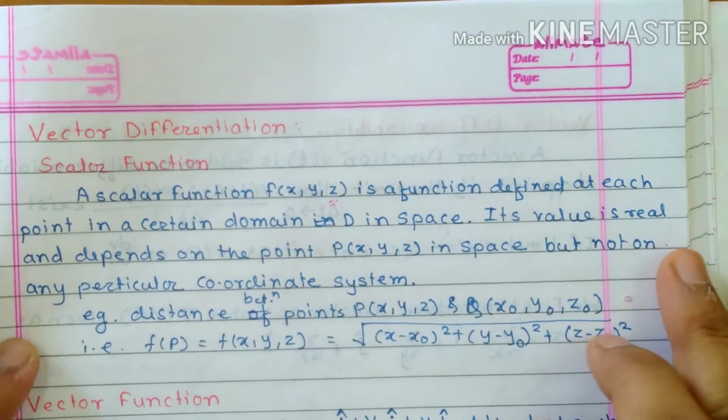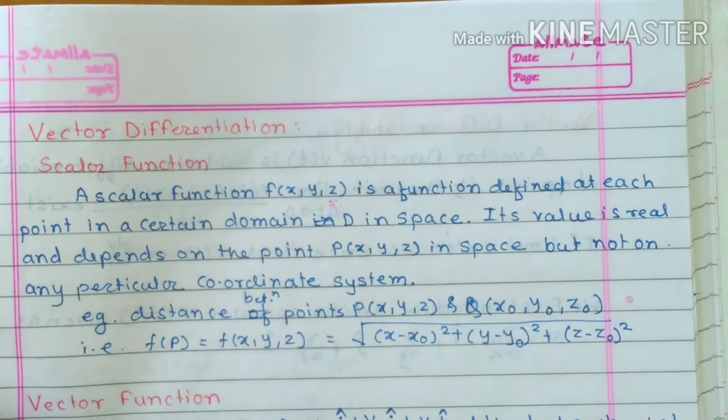But before we proceed, we will start with what is meant by a scalar function, what is meant by a vector function, and then we will introduce the gradient of a scalar function, then curl and divergence of the vector function. So let's begin with what is meant by scalar function and vector function.